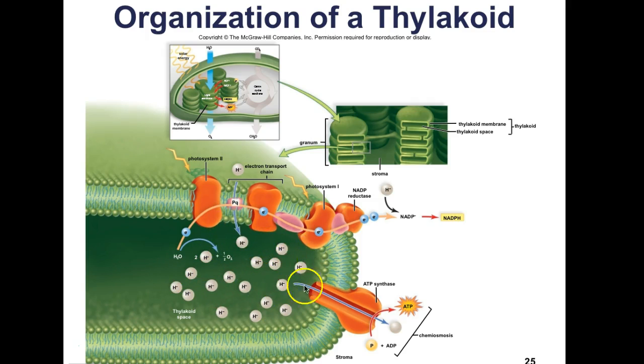And basically those hydrogen ions will then pass through ATP synthase. So here we have the illustration of the ETS system, and here we have chemiosmosis, which you can see spelled right there. So these hydrogen ions are going to pass through this enzyme, ATP synthase, and convert ADP to ATP.